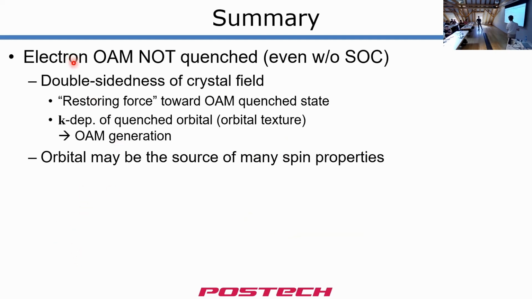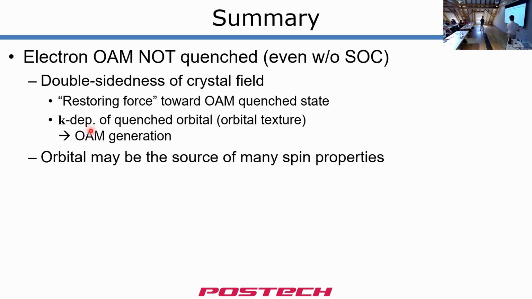I tried to emphasize that electron orbital angular momentum is not necessarily quenched in solids, even without spin-orbit coupling. It is often said that the crystal field suppresses orbital angular momentum, but crystal field actually sometimes suppresses, while at the same time it can enhance orbital angular momentum in certain situations.